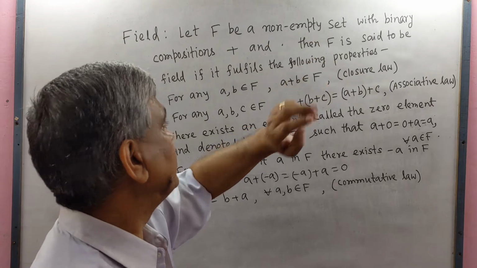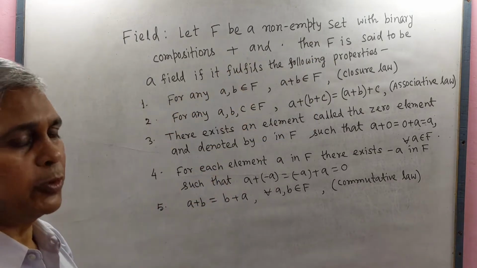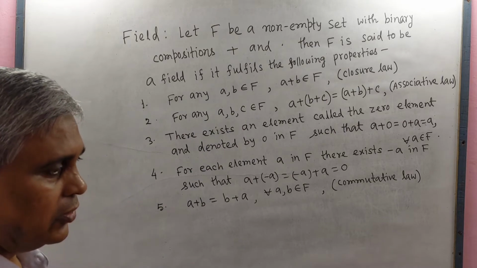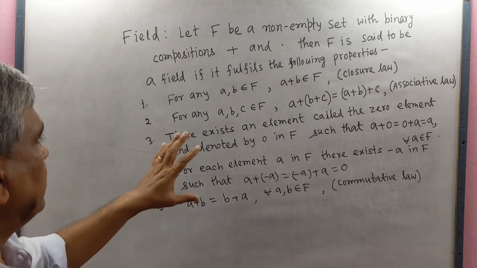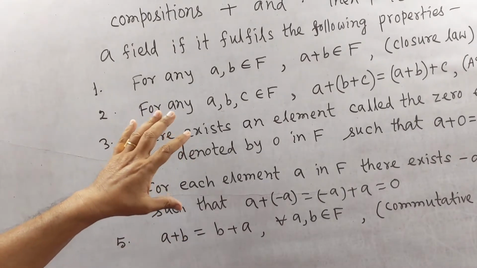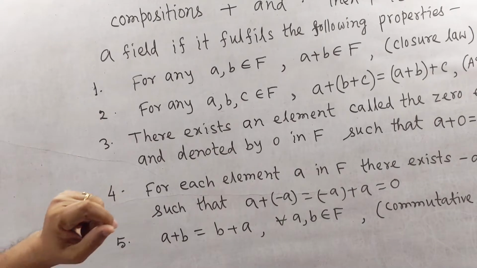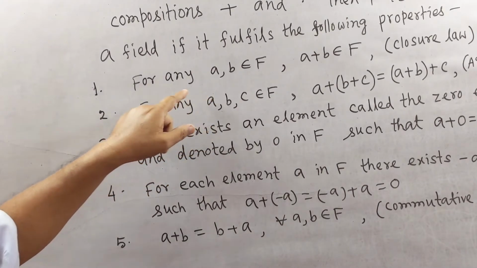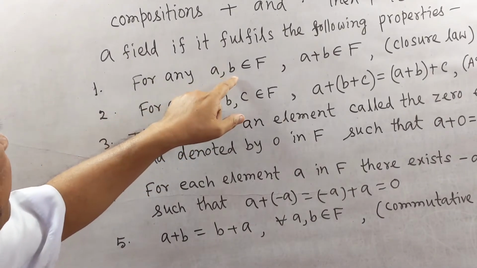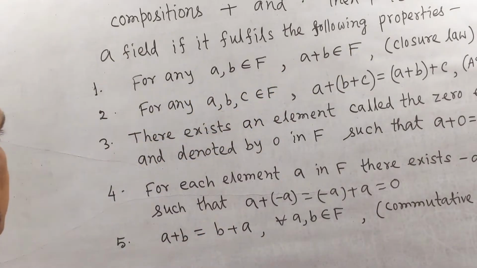Then F is said to be a field if it fulfills the following properties. First, we describe the properties related to binary composition addition. Number 1, for any A, B belongs to F, A plus B belongs to F. Closure law.